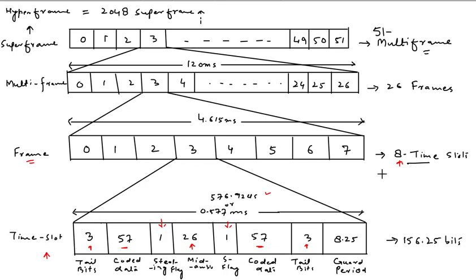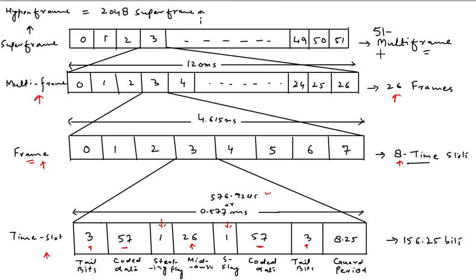By combining 8 different time slots, we get a frame, and the time duration for a frame transmission is 4.615 milliseconds. By combining 26 different frames, we get a multi-frame, and the time duration for transmission of a multi-frame is 120 milliseconds.